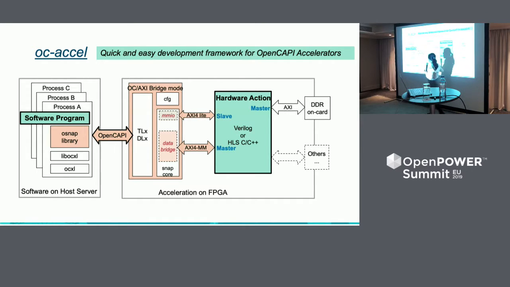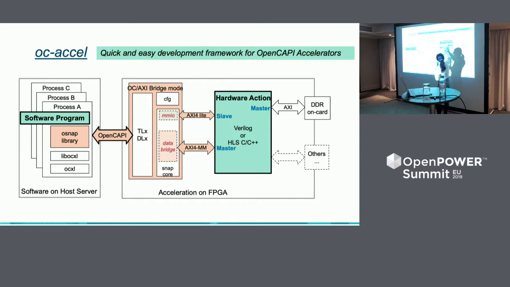On the hardware side, we have a bridge module. It includes the TLX and DLX, and actually it also has the PHY, which I didn't draw here. And it has the data bridge, MMIO path, configuration subsystem, and some other small modules.